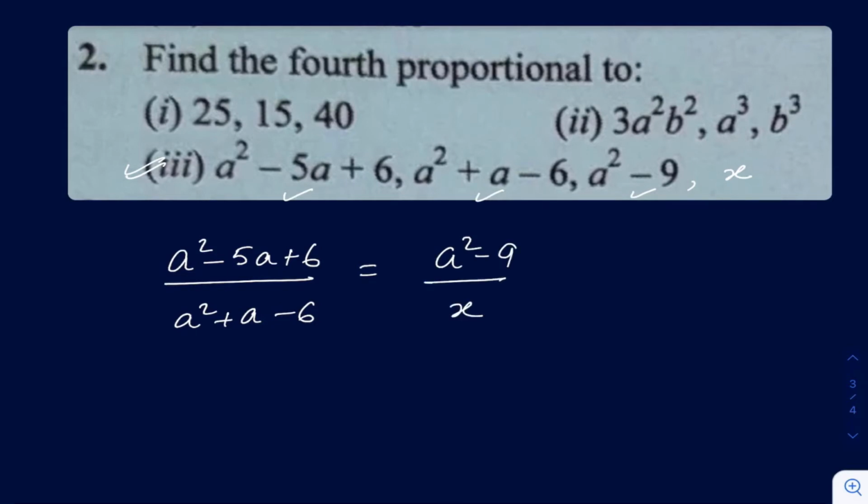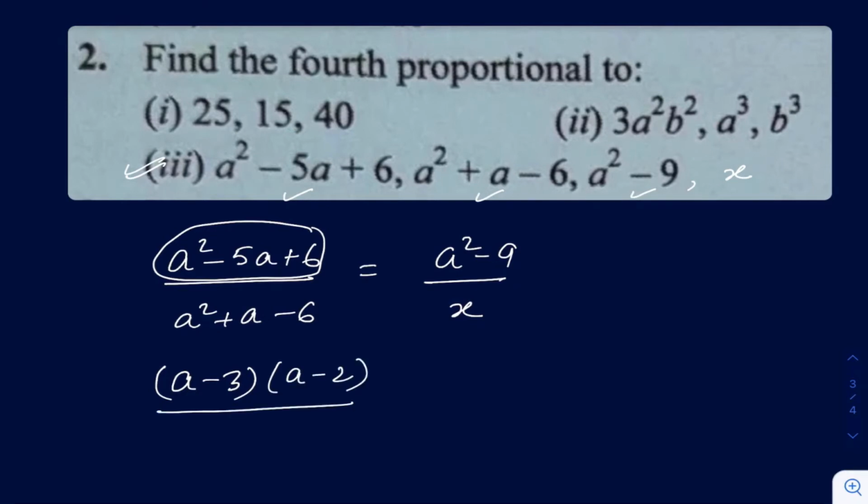Okay, so we have to factorize it by splitting the middle term. We have already done this in junior classes. So I'm just straightforward writing the answer. A minus 3 and, in the denominator, we will get a plus 3 and a minus 2.